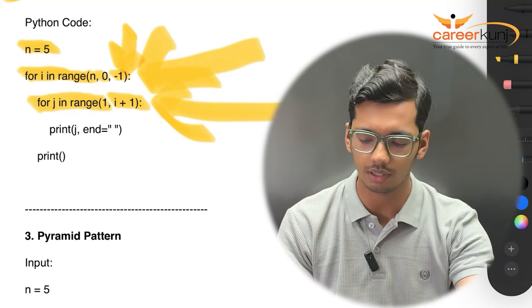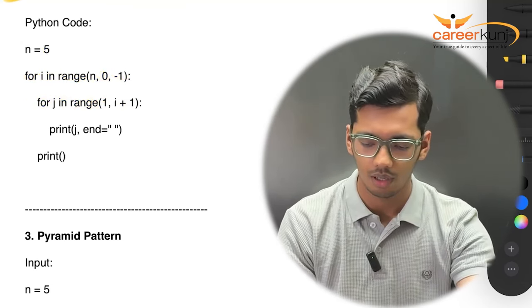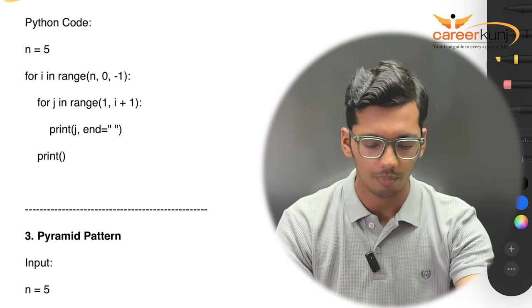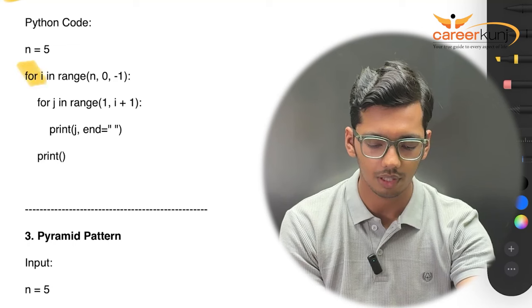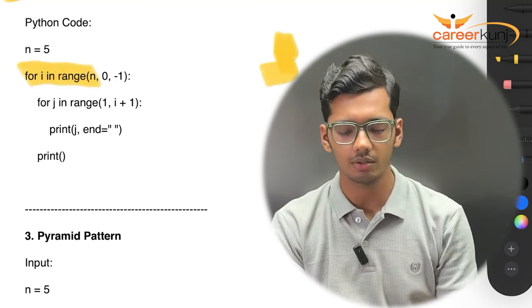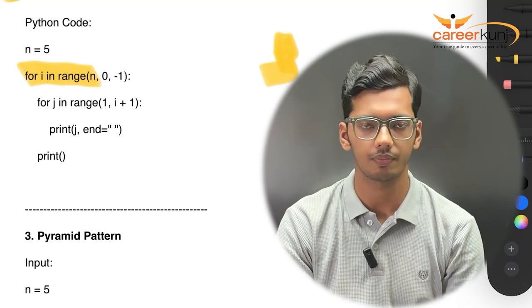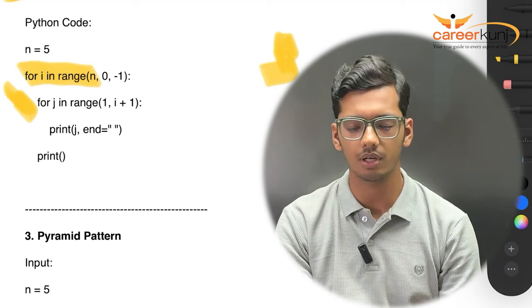So how this will work is, in my first iteration, my value of n is 5, it goes inside the loop. If we are talking about this loop, my value of n is of course 5. All right, so my value of i is as well 5. Now it goes inside my second loop, which is for j in range 1 to i plus 1.